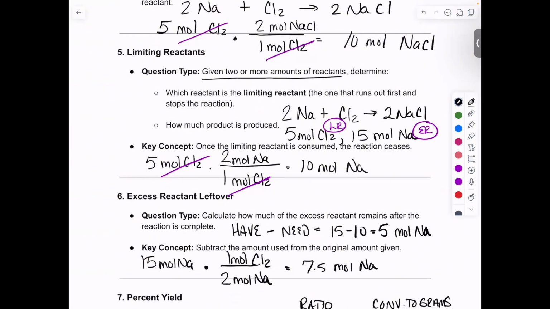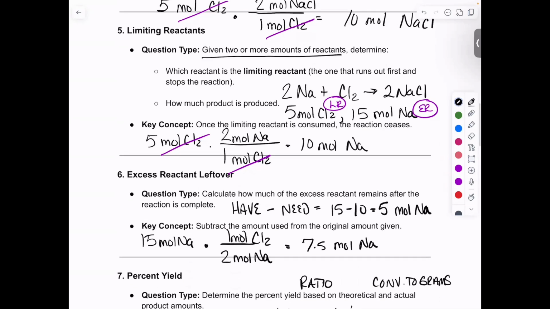Excess reactant, that's just taking what you have versus what you actually need. You should have way too much, right? And so you just take that difference and figure out how much you have left over and put it in the correct units. I just used moles here, but you could use grams as well for the sodium.